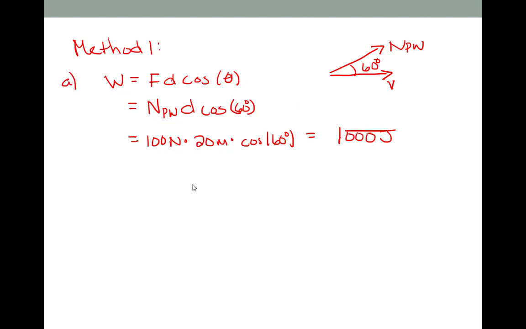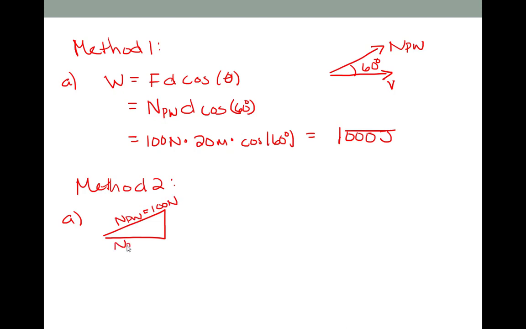Okay, that's method 1 for part A. We will get to part B where we look at the work by the force of friction in a minute. But let's first move on to method 2 for doing part A. What I know is that I have a normal force equaling 100 newtons.